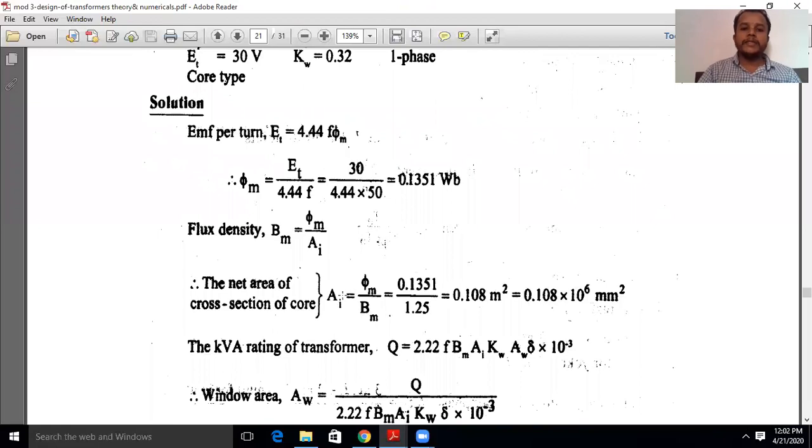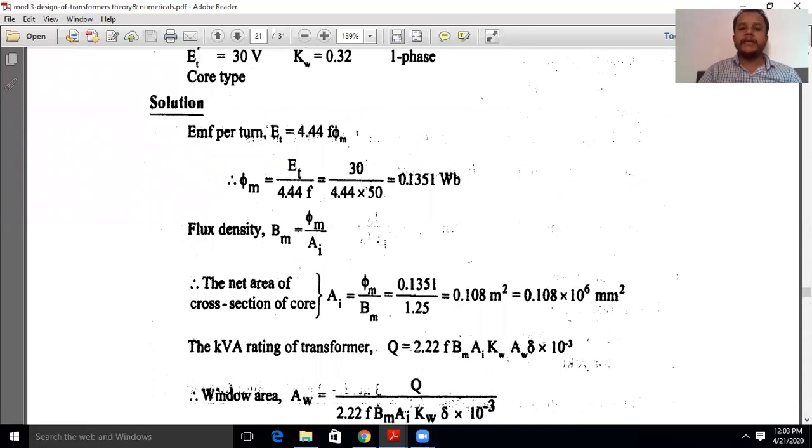Now, in order to have this Ai, we need to calculate the particular phi m. So Bm is already given. So phi m can be calculated by using Et divided by 4.44 f, and hence you can calculate it. Now, in order to have that Aw, we need to have the kVA rating of transformer.